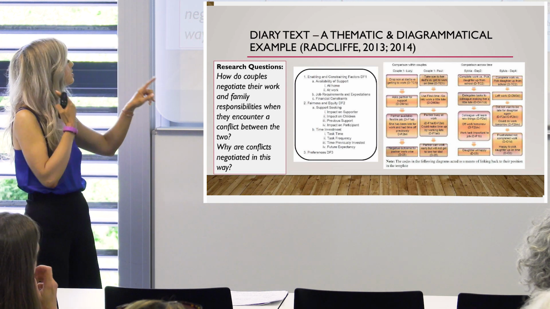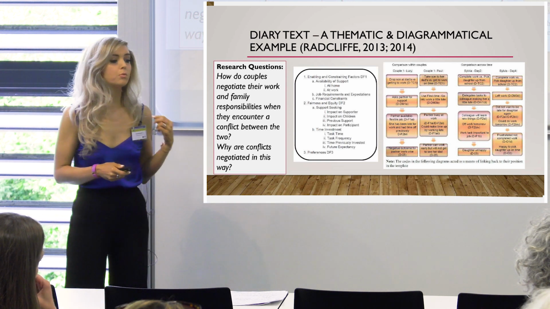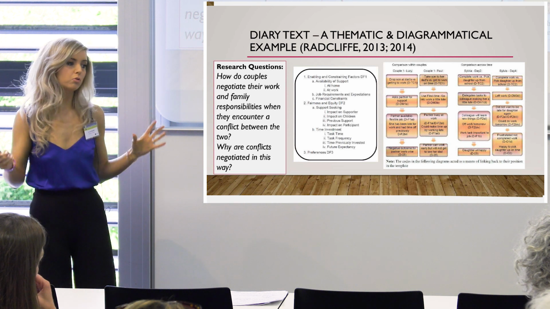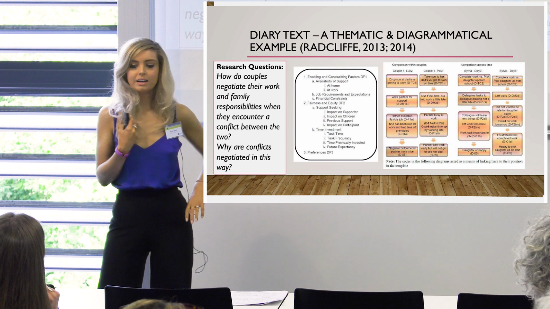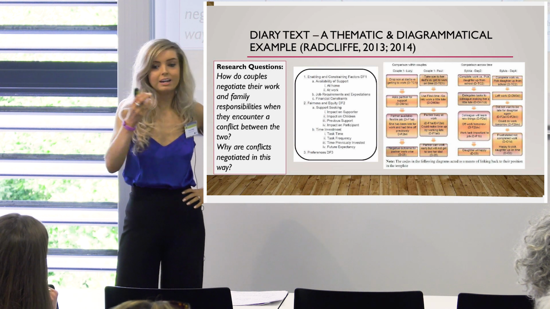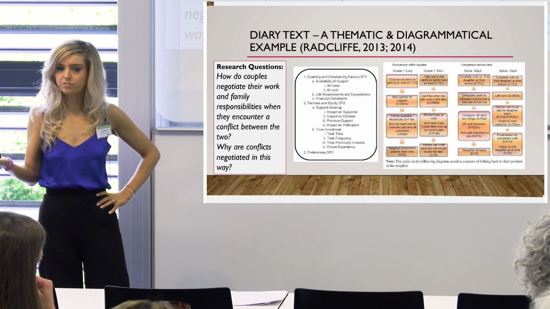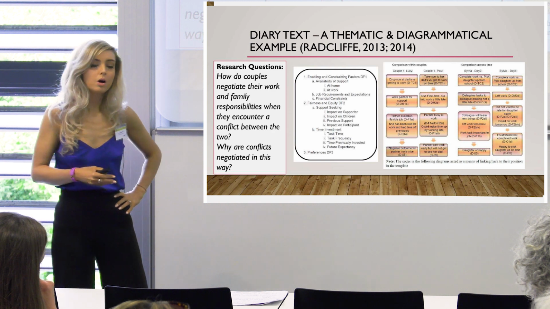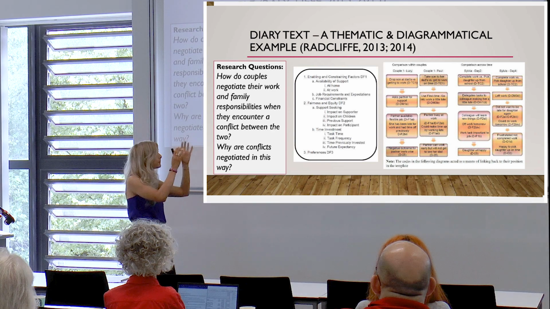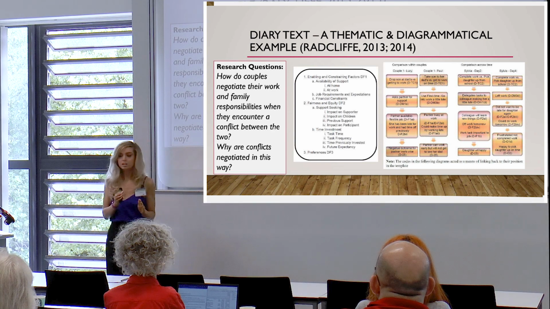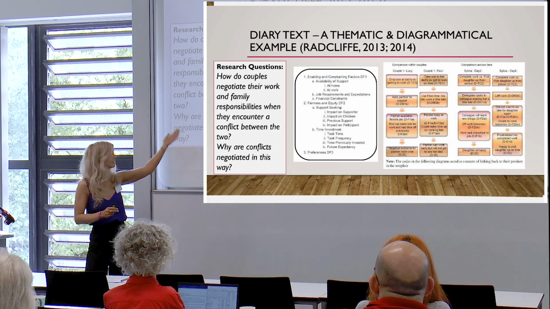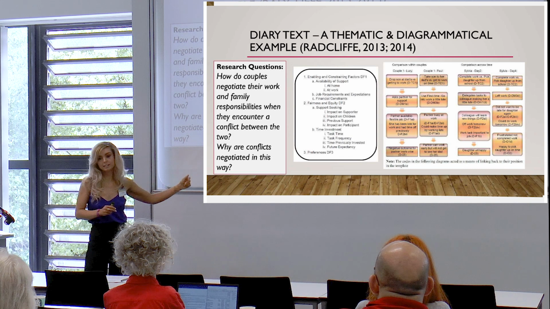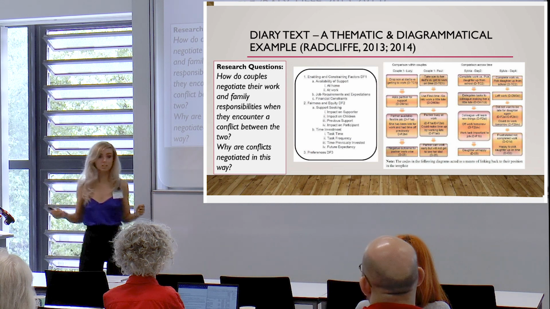What I also did that's not on here is that I wanted to also compare more broadly. So I wanted to be able to compare kind of just generally how couples were making decisions. Was it different across couples? So what I did was then I made more of a composite diagram for each couple. So obviously when you do that, as when you create some themes in a template like this, you are losing some of the richness.